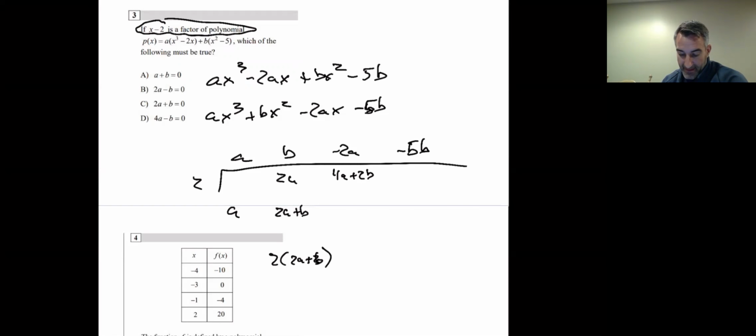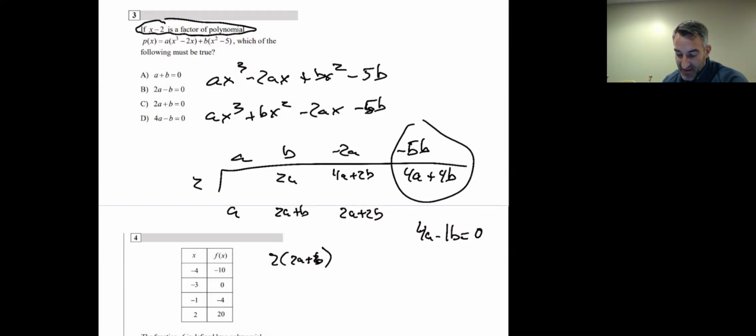Add, I get 2a plus 2b. Multiply 4a plus 4b. Add, and you get 4a minus 1b equals 0. Remember, if it's a factor, this has to add to equal 0 at the end.